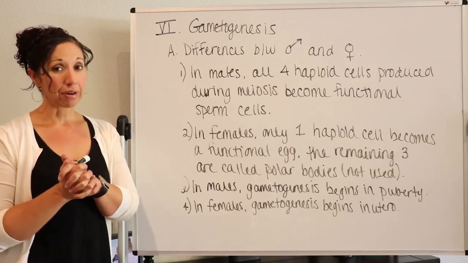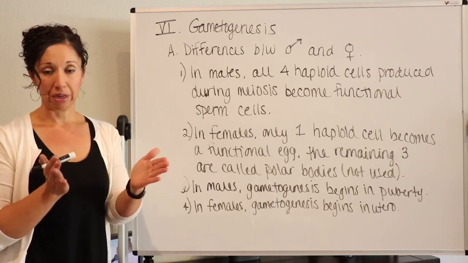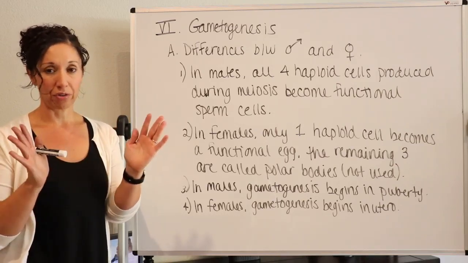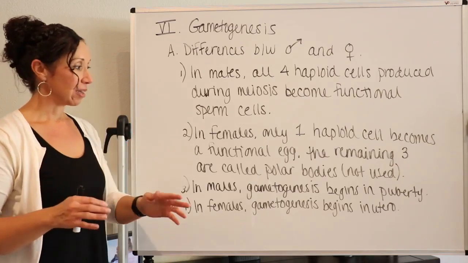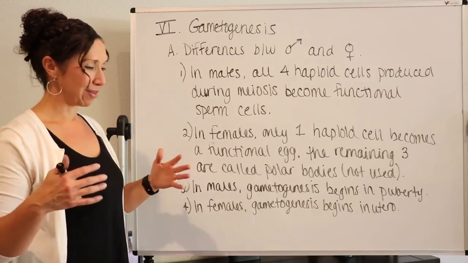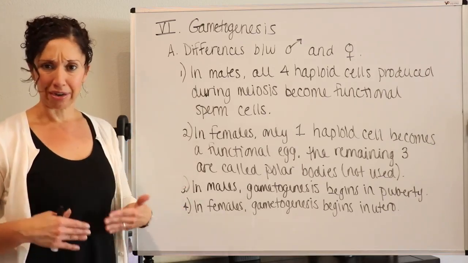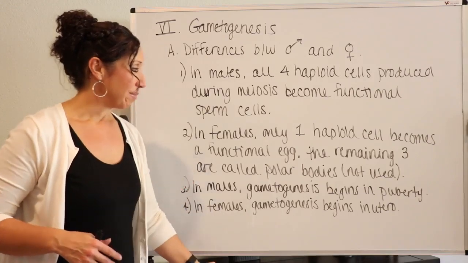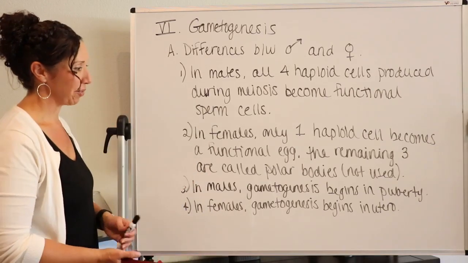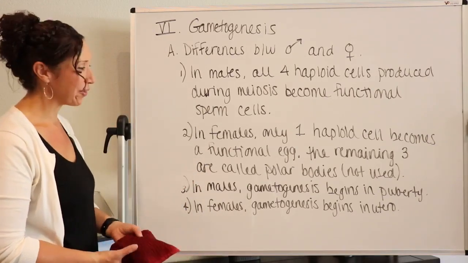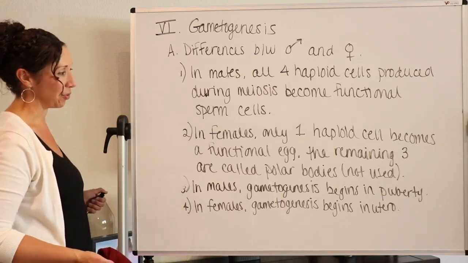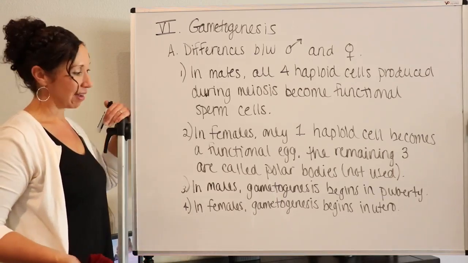By the time you're born, that number dwindles down to 1 to 2 million. That's still way more than you'll ever need your whole entire life. But for whatever reason, we lose about 5 million cells during development in utero. And no one really understands completely why, because you can't really research that too well, for ethical reasons, obviously.